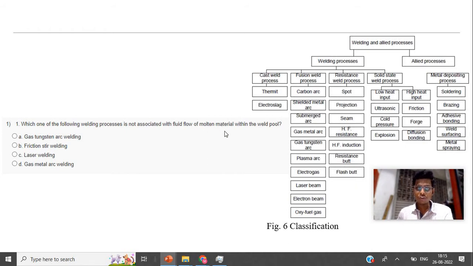So obviously fluid flow of the molten metal will be there. Whereas friction stir welding is a solid state welding process, where there is no melting, and the temperature generated is not more than the melting point of the material used. So option B will be the answer.